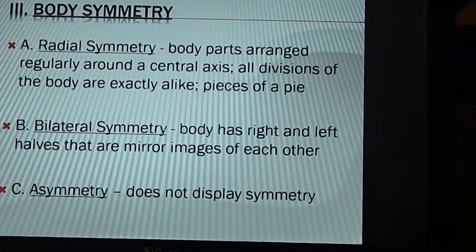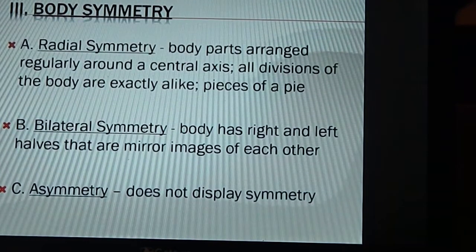There's one group, phylum Porifera, the sponges, that are asymmetrical. But the other two types are radial symmetry and bilateral symmetry. Radial symmetry is like cutting a piece of the pie. If you can cut it into equal parts through a central axis, like you're cutting a pie, then that's radial symmetry. And then bilateral symmetry is where the body can be divided into two halves, but they're mirror images of each other.